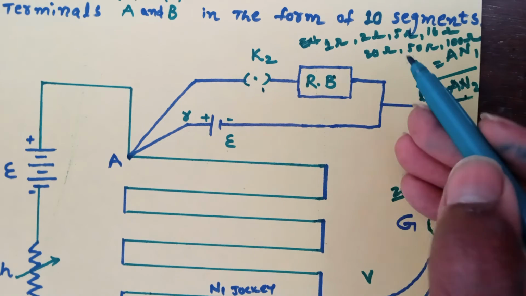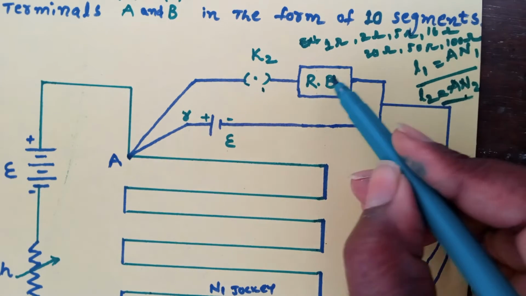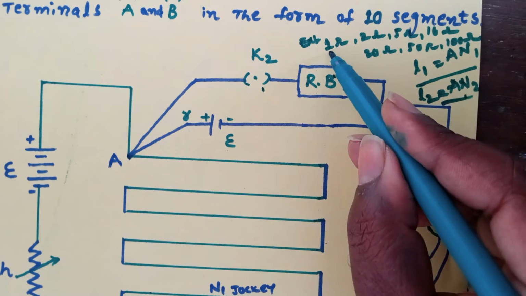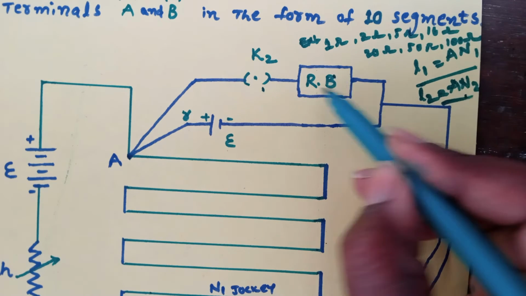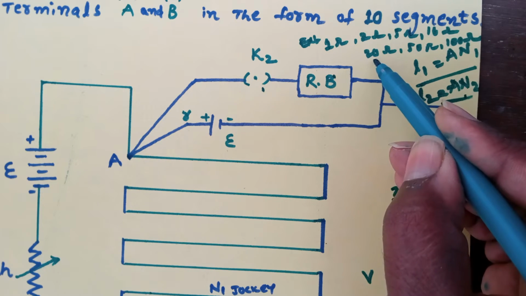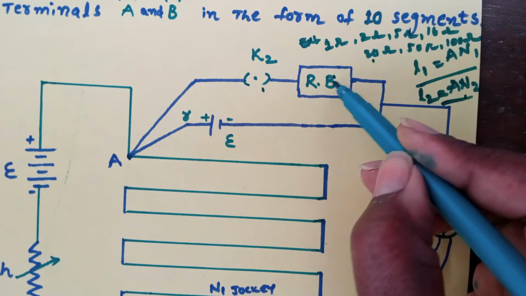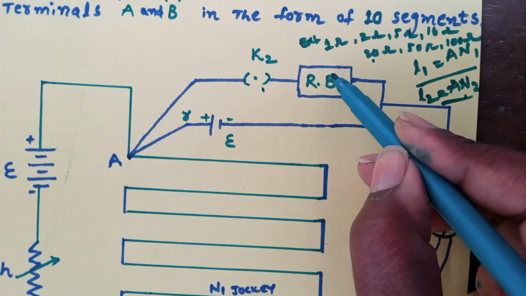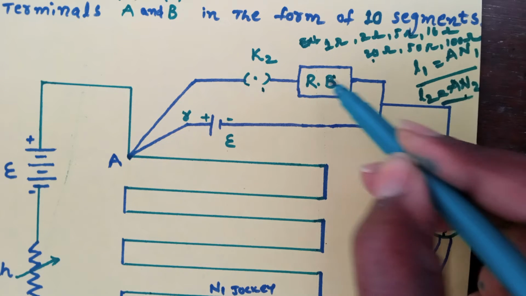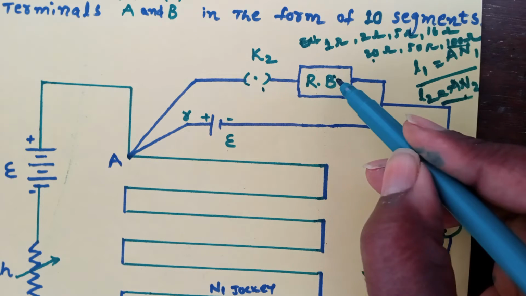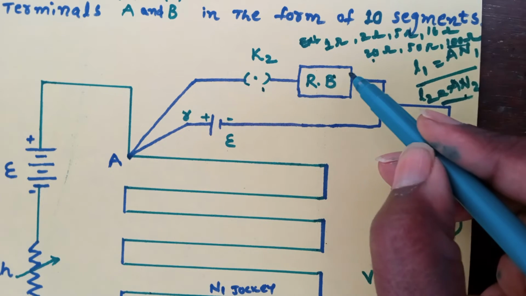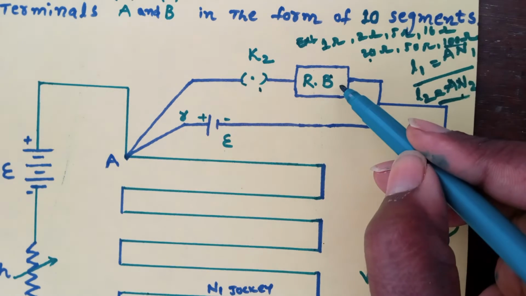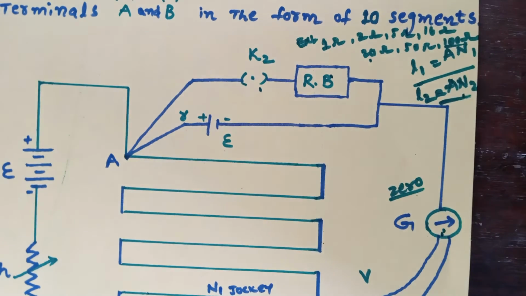Suppose we want 25 ohm, then 20 plus 5, so 2 buttons we have to remove. Suppose we want 100 ohm, only one button we have to remove in the resistance box.